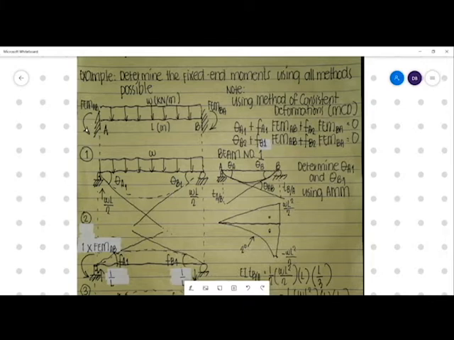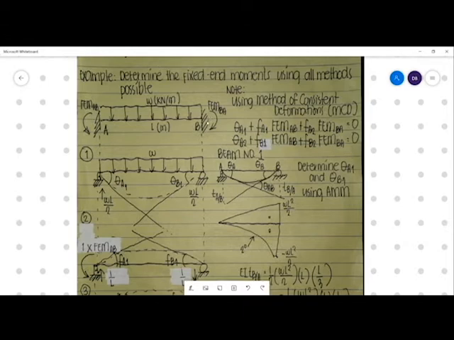But since in beams we really don't consider much the horizontal reactions, and you can see that most of the loads acting on the beam are just transverse loads, or vertical loads, we somehow take the horizontal reaction out of consideration.